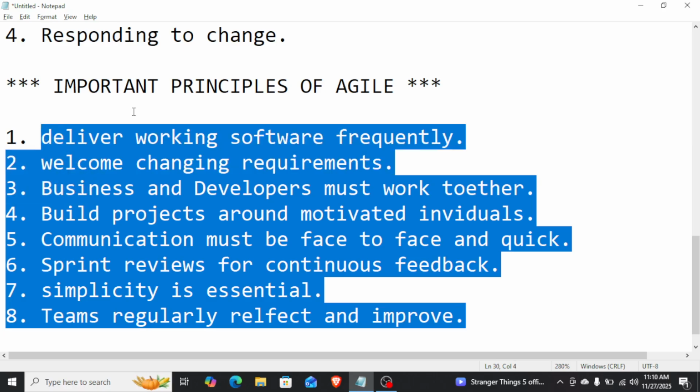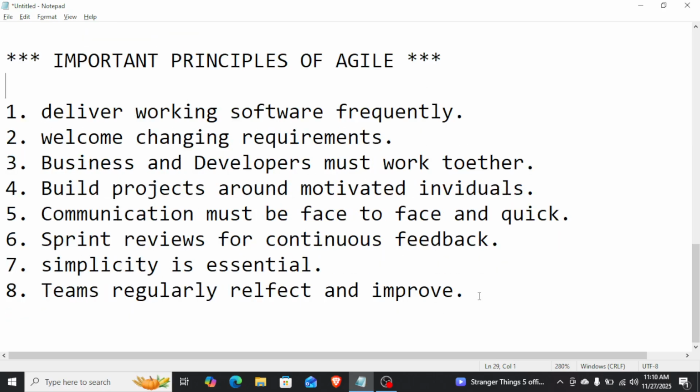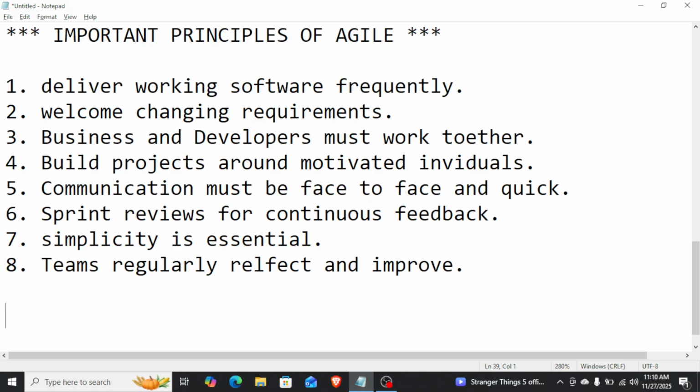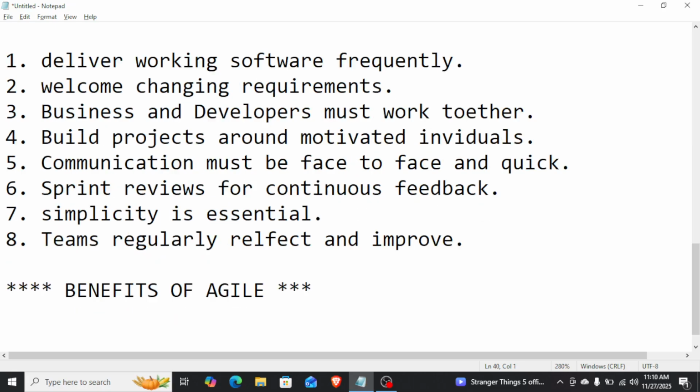Now we will go through the benefits of using Agile. First benefit is faster delivery.